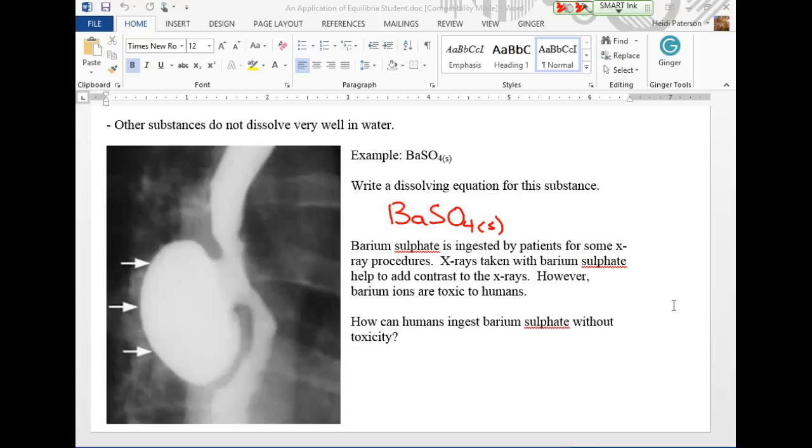Barium sulfate is an ionic compound. If barium sulfate dissolves into water, what two ions are going to be produced? Barium. Okay, so barium ion and the sulfate ion.